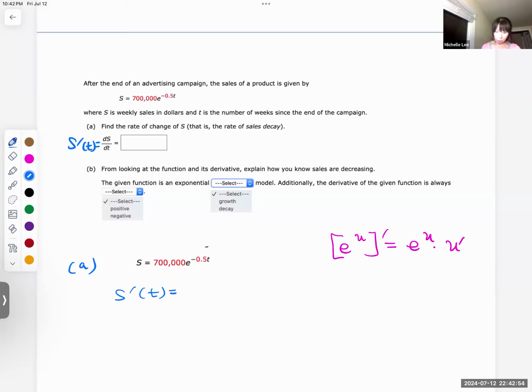All right, so we keep the coefficient 700,000 e to the negative 0.5t, and we want the derivative with respect to t.